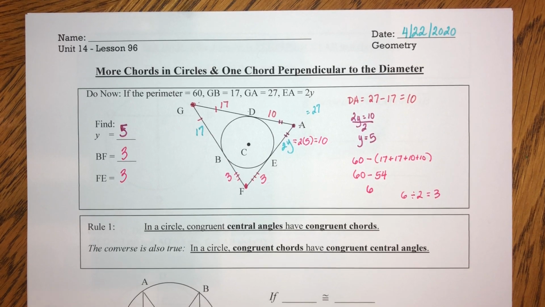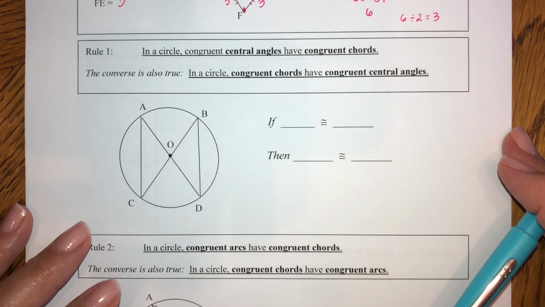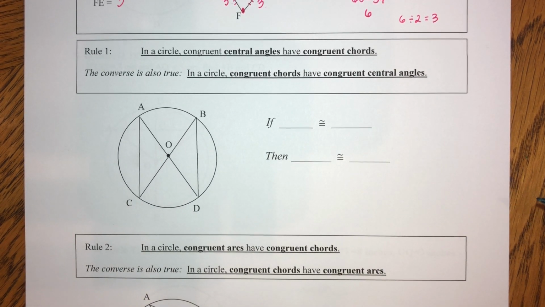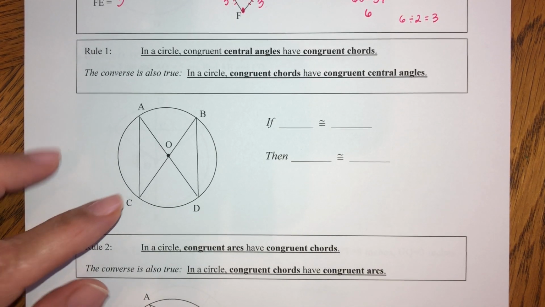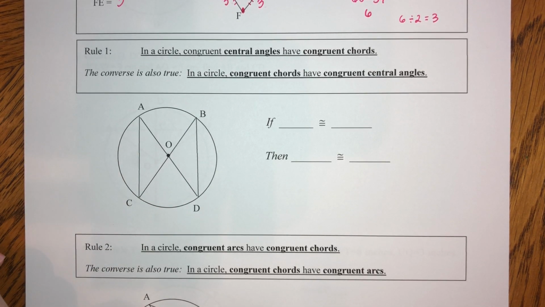Okay, before we get to the last arithmetic problem that we have to do with this, there are 2 quick little rules that we have to go over. And those have something to do with chords and circles as well. The first one is that if you're in a circle, congruent central angles will have congruent chords.